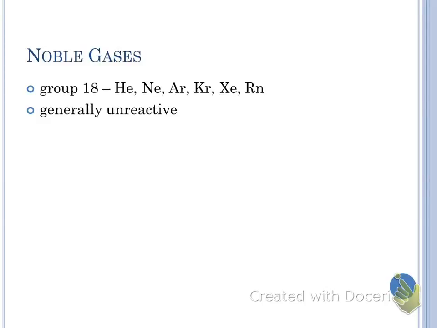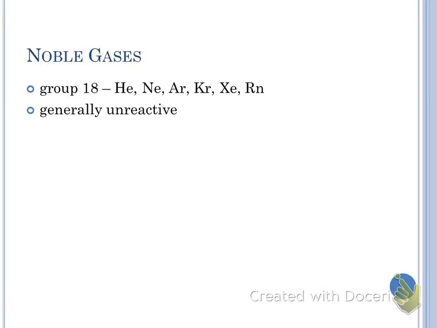Okay, last group we're going to talk about really in depth here is the noble gases, which are group 18. Good. Very far to the right. These guys are super unreactive.